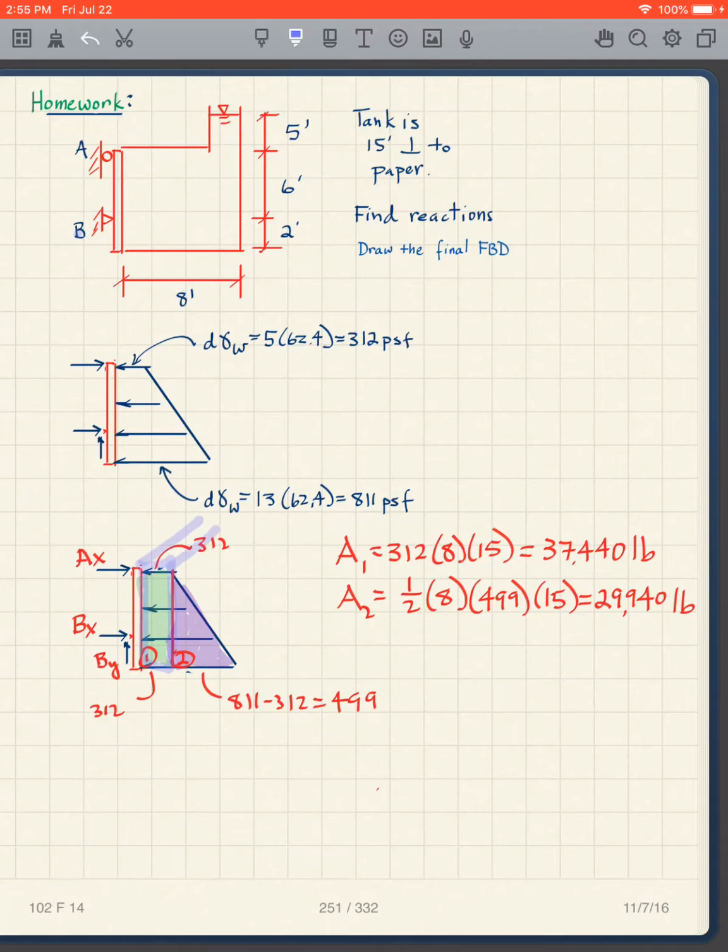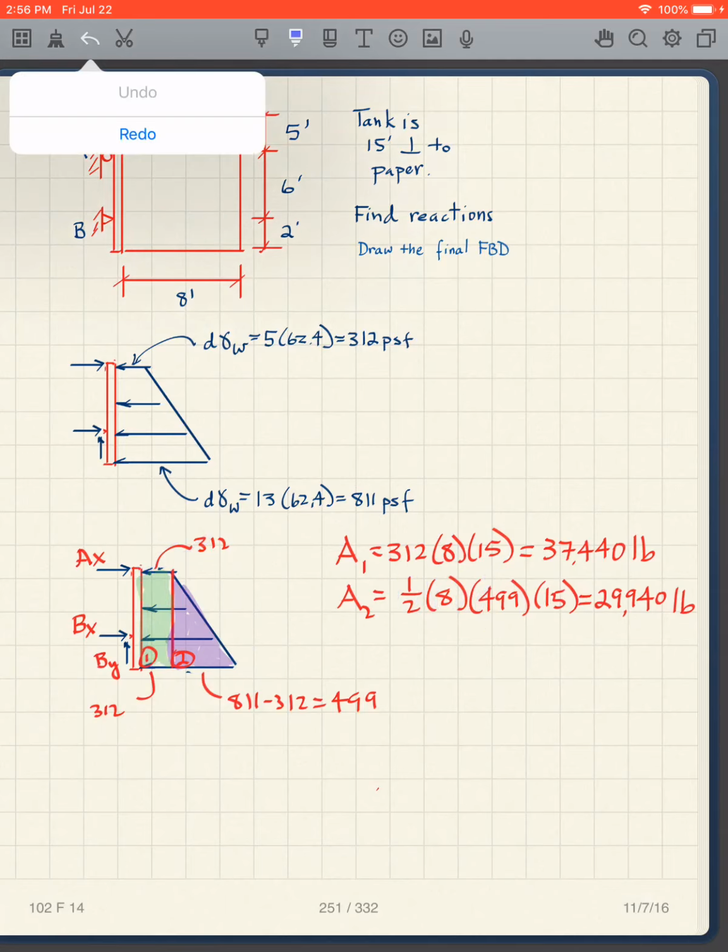And like I say, if I drew it in 3 dimensions, it would look something like that. Then I need to get the volume of the triangle portion. So again, it's going to be 1/2 the base times the height.